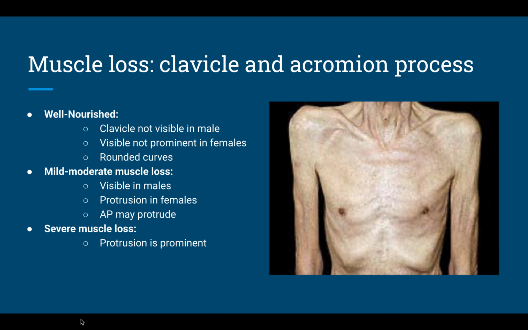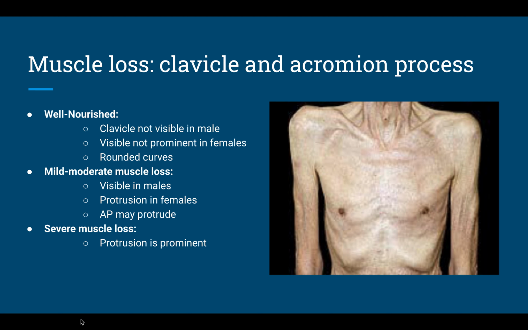In the clavicle and the acromion process, women tend to have a little bit more pronounced clavicle, while men have less of that. But you can see the bones stick out in someone that is malnourished, and when you touch them, you're going to feel like there's just no muscle mass.